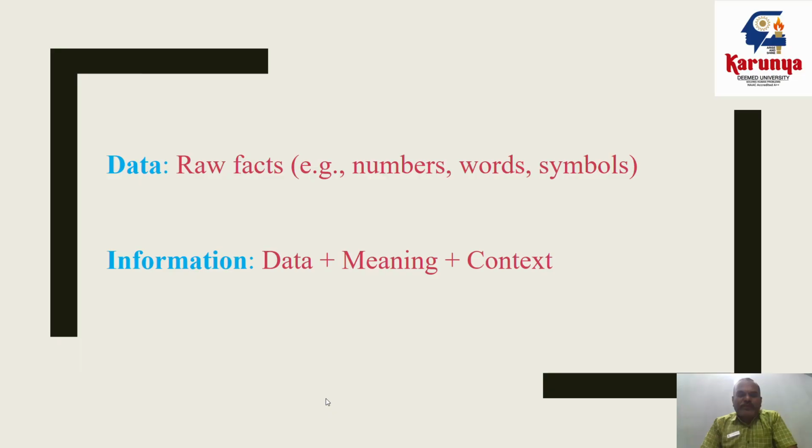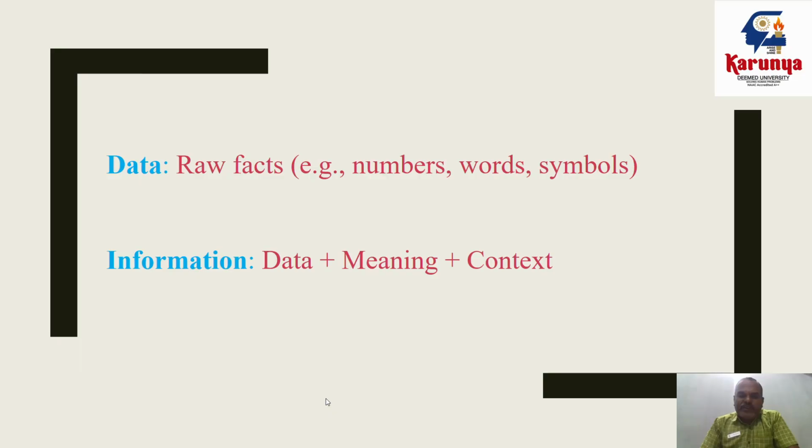So this is a simple way to identify data and information. Data, as I already told you, is a raw fact. Maybe a number, a word, a symbol, an image, a sound, and so on. But when your raw fact is merged or combined with a meaningful context, it becomes information. Can you understand? You have data in your hand.